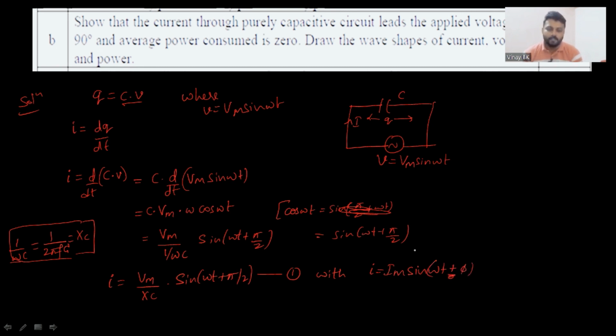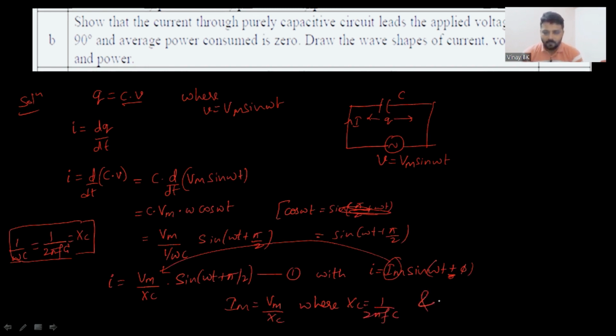By comparing this, Im is nothing but Vm divided by Xc, where Xc is given by 1 by 2 pi f C. And the phase angle phi is nothing but plus pi by 2, meaning there is a leading angle of plus pi by 2.